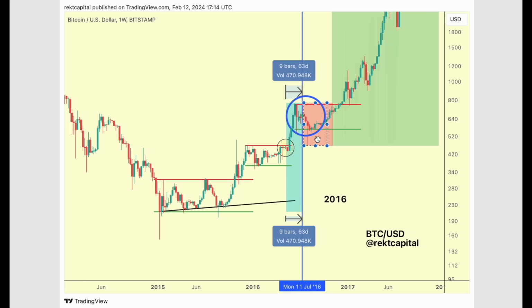So of course, this is something that we can attribute to 2016, an earlier phase in the overall market cycle for Bitcoin. So this downside volatility might not be occurring in this cycle. So this is a 40% retrace, but even without that downside wick, this is 30% retracement, roughly speaking.